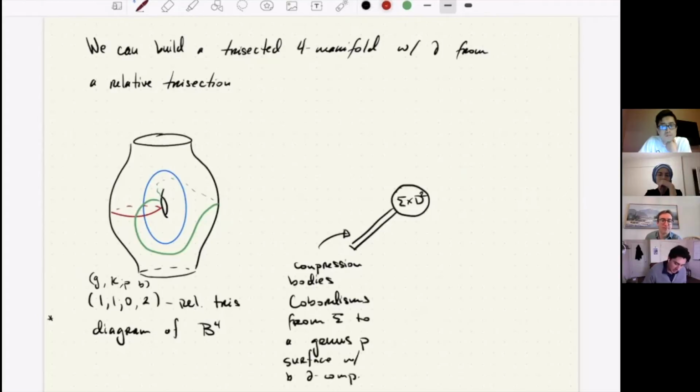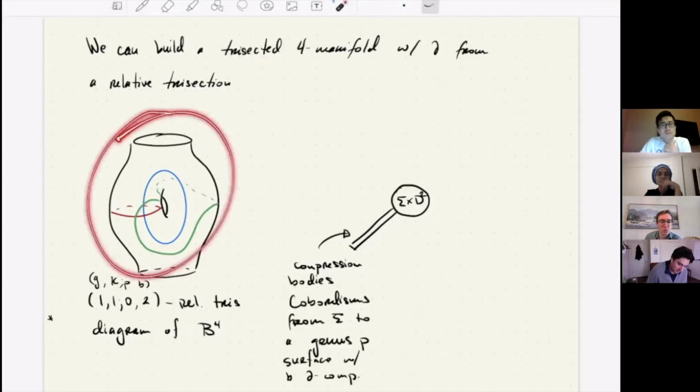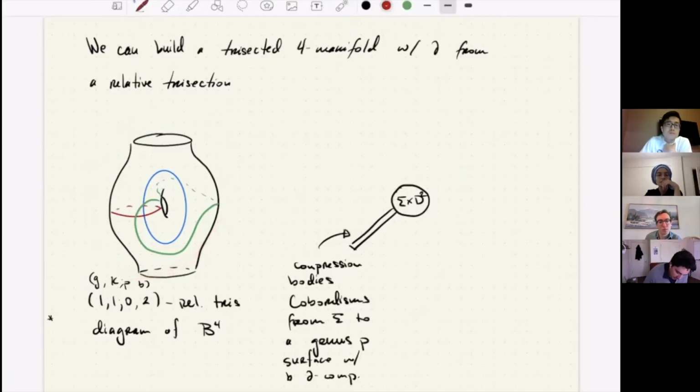The idea is you take this surface, cross it with an interval, and then at some point you start attaching four-dimensional 2-handles along the alpha curves. So you compress along the alpha curves along that leg. Then you do the same thing over here with the beta curves, and the same thing over here with the gamma curves.